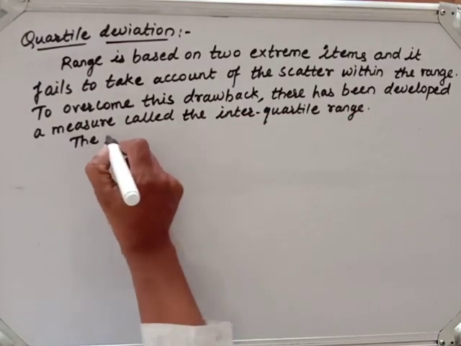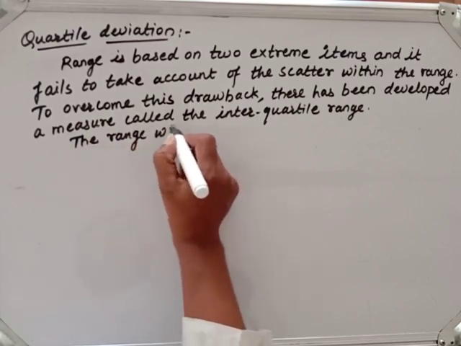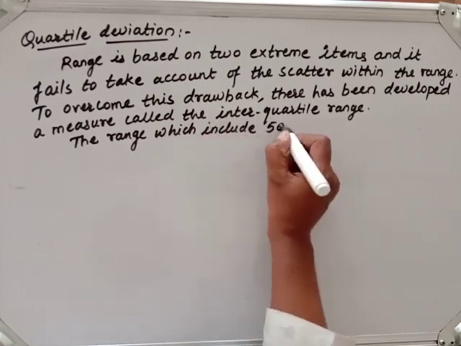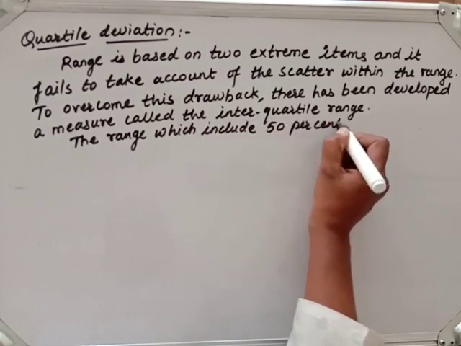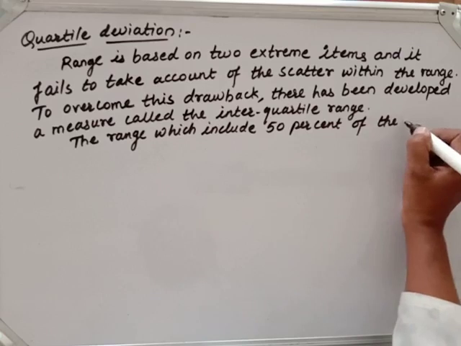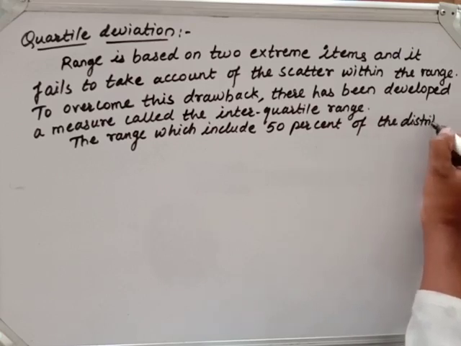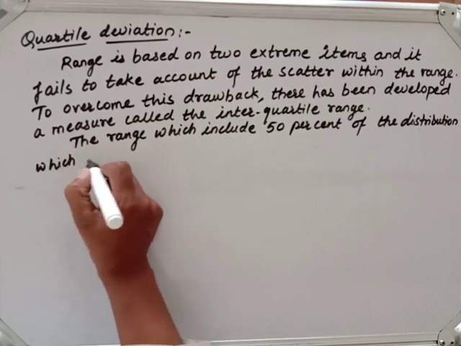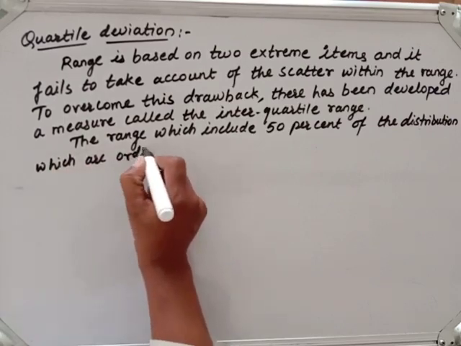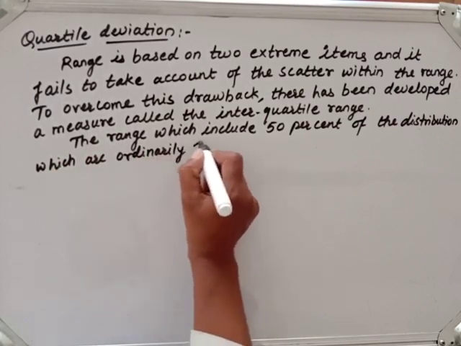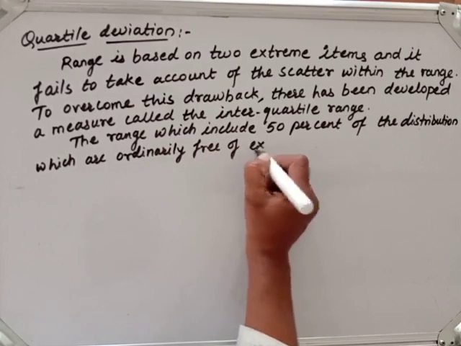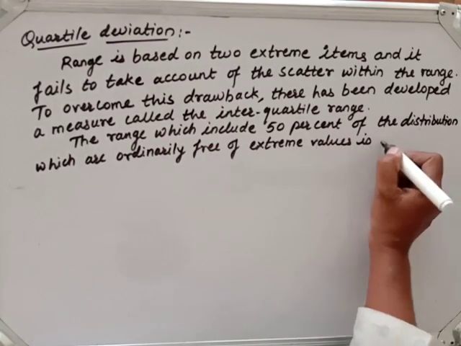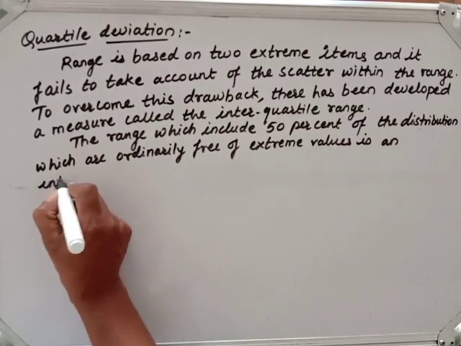The range which includes 50% of the distribution, which is ordinarily free of extreme values, is an interquartile range.